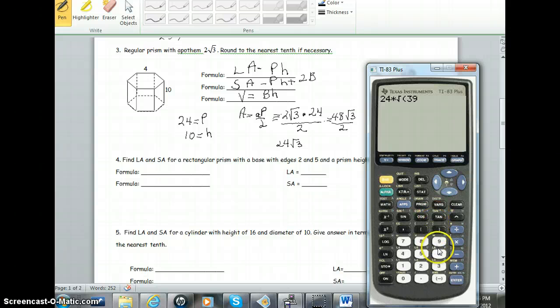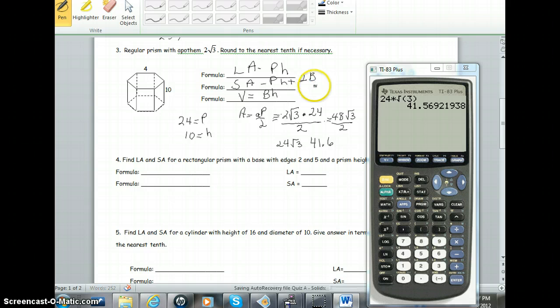That answer is 41.56, so I'm going to round it up to 41.6. You have to do that twice because there are 2 bases. The area of the base is 41.6.